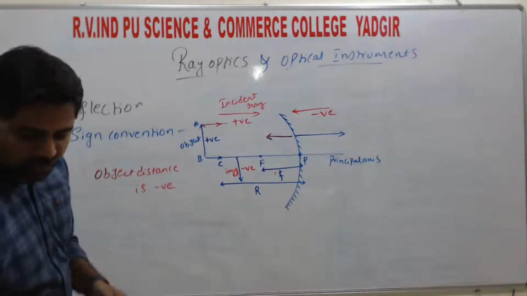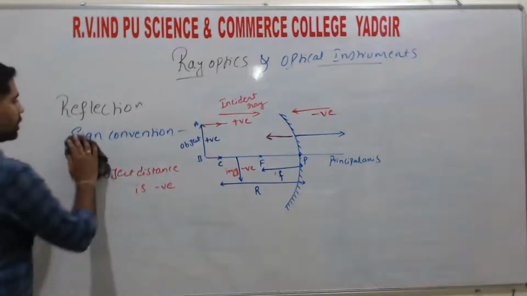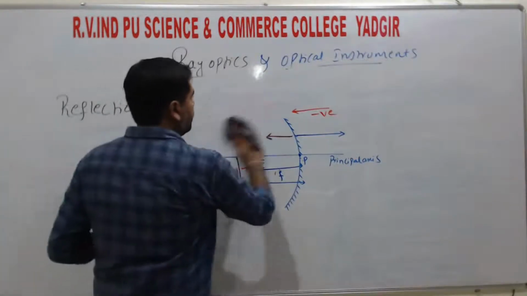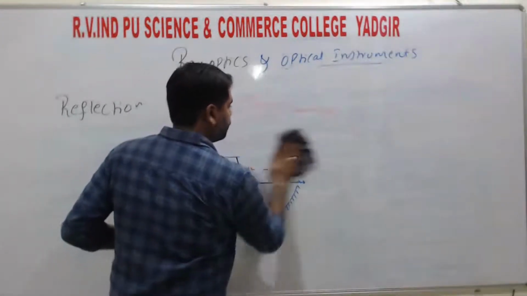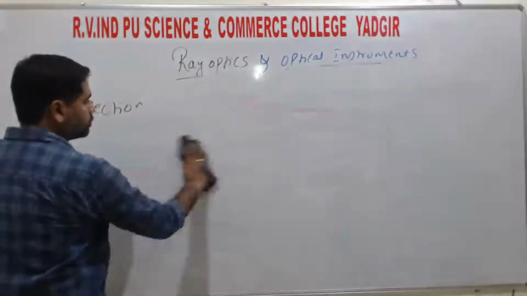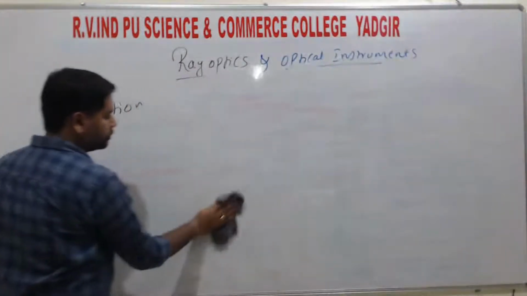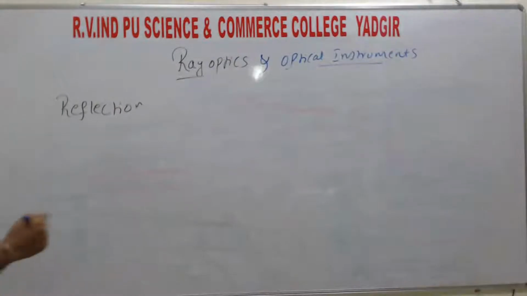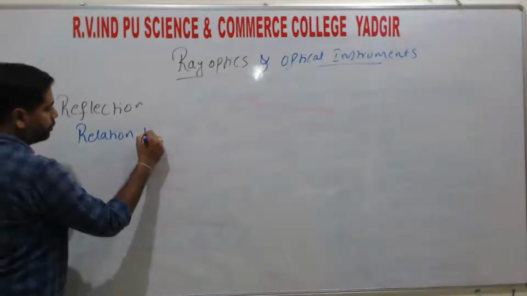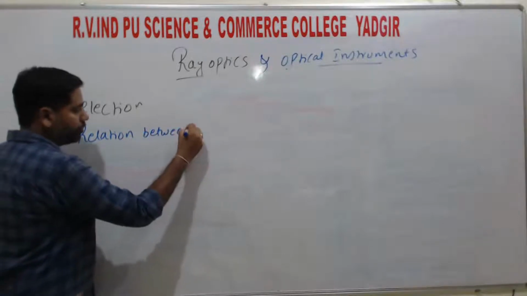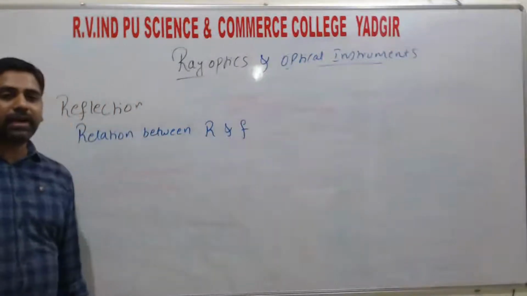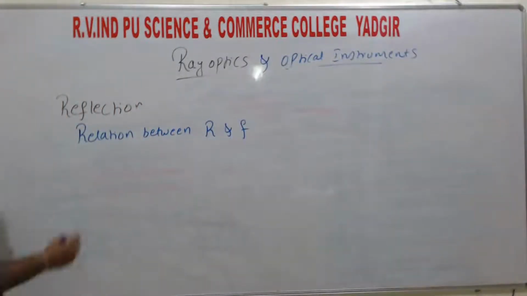So next, the relation between R and F, where R is the radius of curvature and F is the focal length, right?